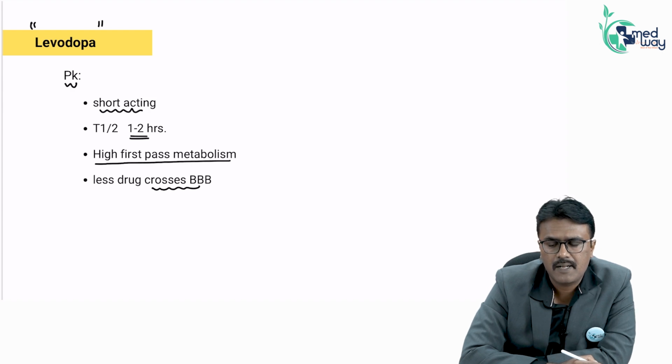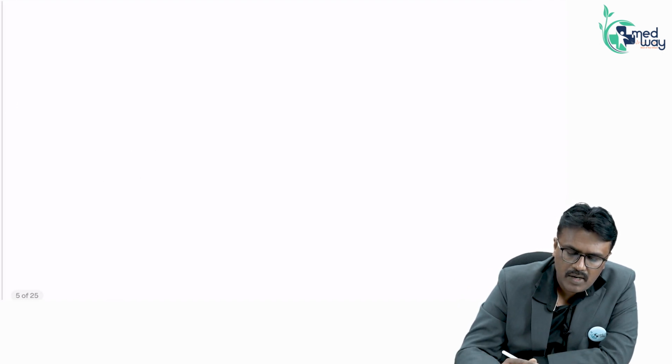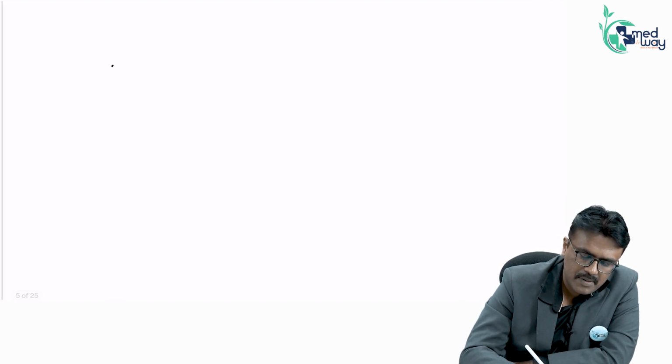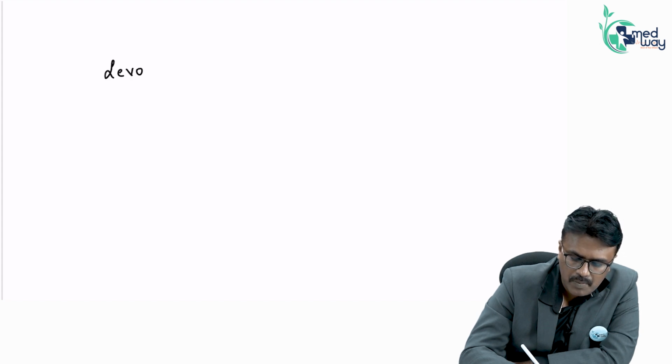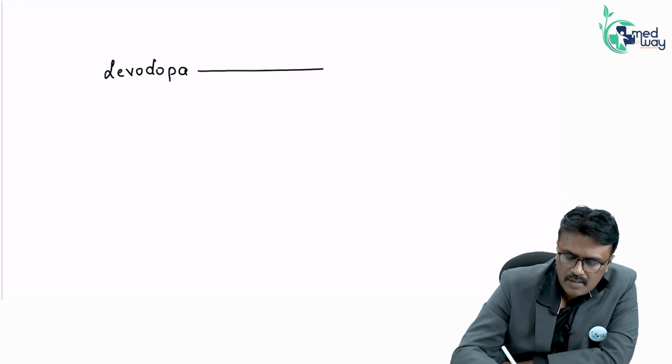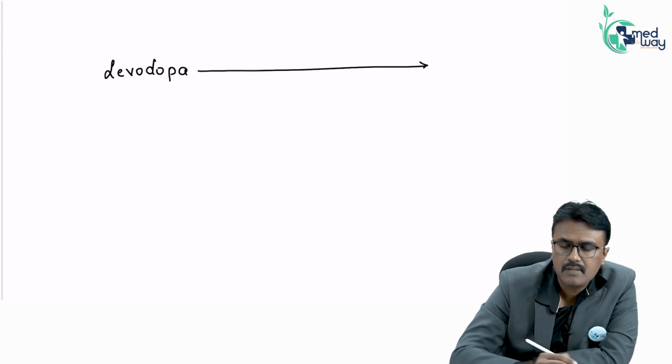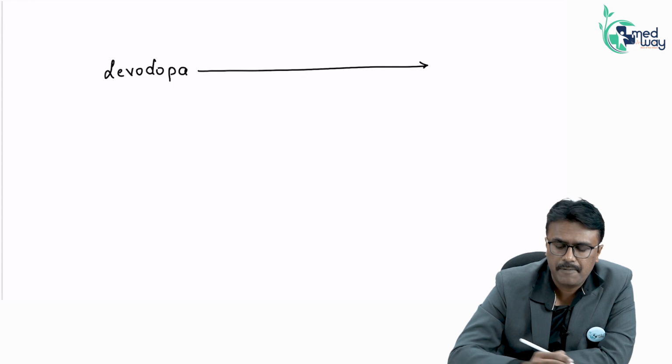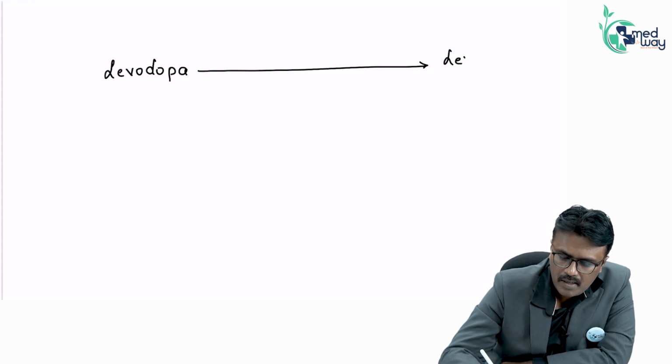Let us analyze that. The next thing I am going to talk about is what happens when I give levodopa to a patient. Levodopa gets absorbed and my target is that levodopa should reach the brain.